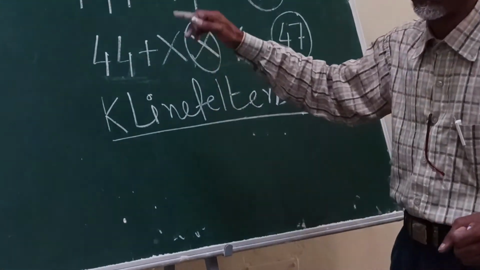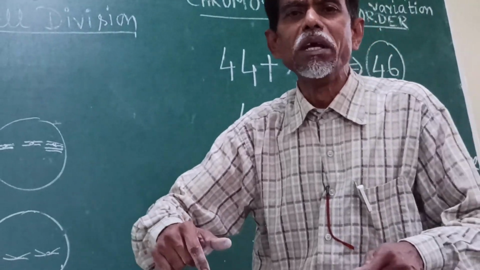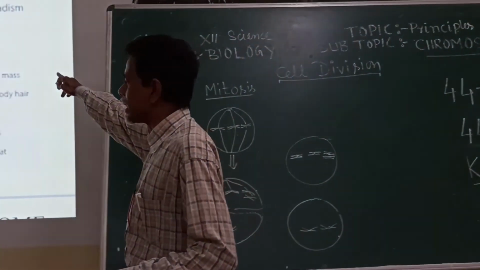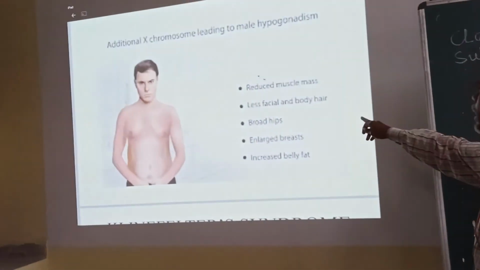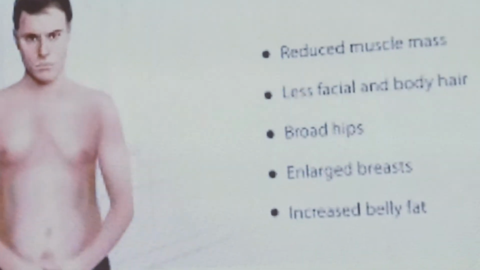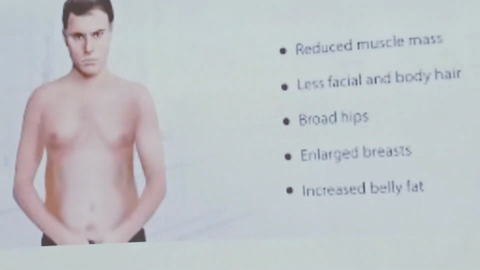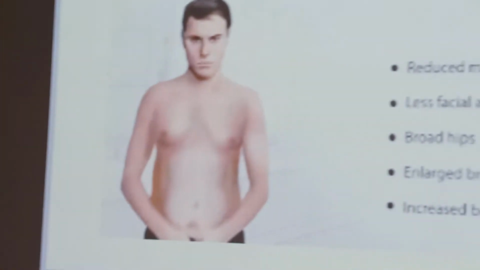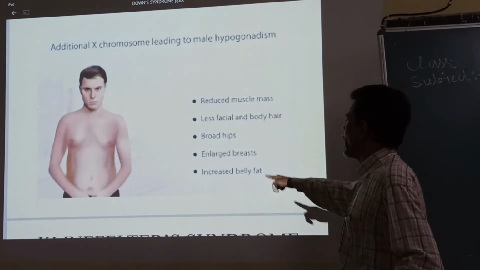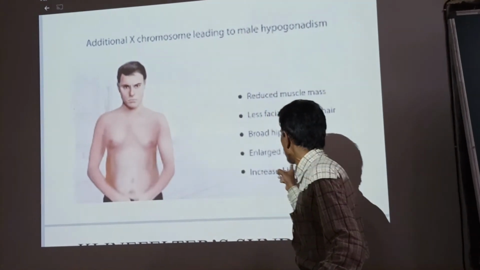As a result of this additional X chromosome, the male gets a feminine character, like reduced muscle. Facial hair and body hair, which are generally in excess in a male, are very few here, that is, reduced facial and body hair. Then the hip portion, as in a female, is quite enlarged or broad. In the male here you see the hips are enlarged and the breasts are enlarged.